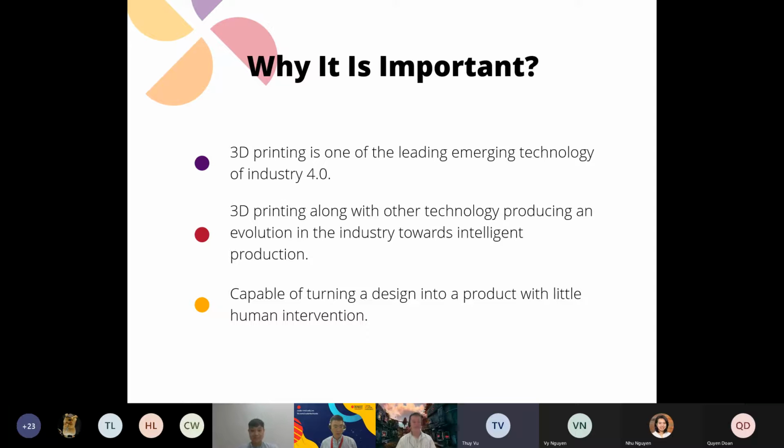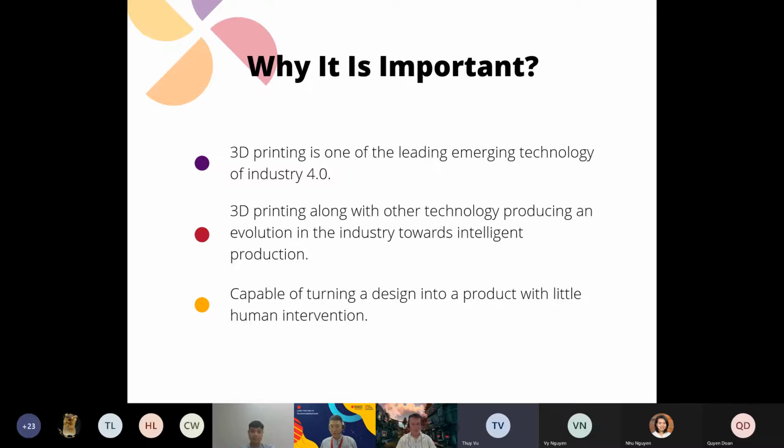We believe it's one of the leading emerging technologies of Industry 4.0, because its use and implementation combined with other technologies is producing an evolution in the industry towards an intelligent production where machines, systems, and networks are able to exchange information and respond to the system of production management.